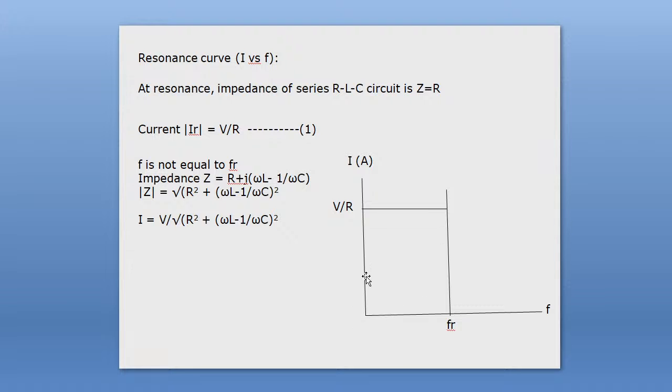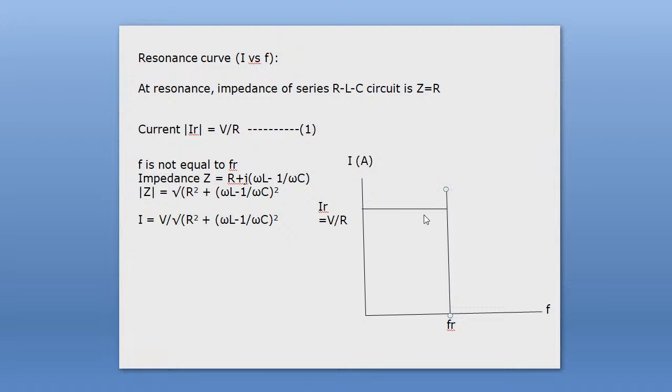This current you can write equal to IR, the resonant current, which is the maximum current, V by R. Maximum current for this circuit is V by R. Therefore, this point is our maximum current.